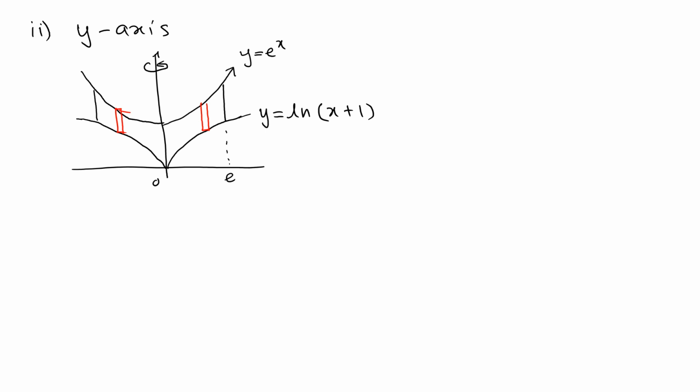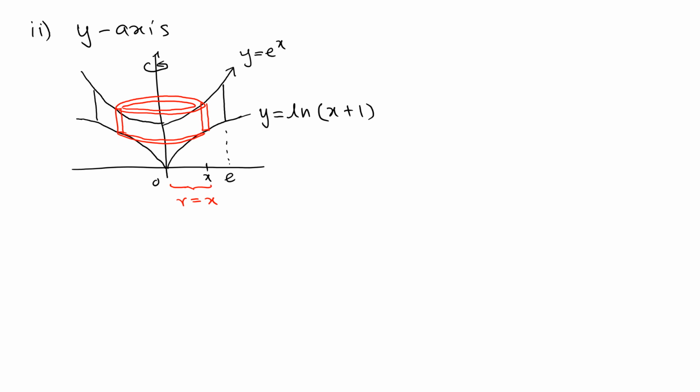So we have the rim and the base. What we need is the radius and the height. So we pick a typical x, and the radius is going to be the x coordinate. That's very clear.